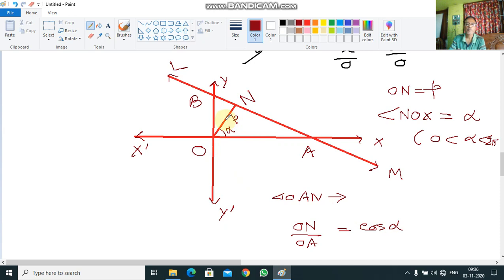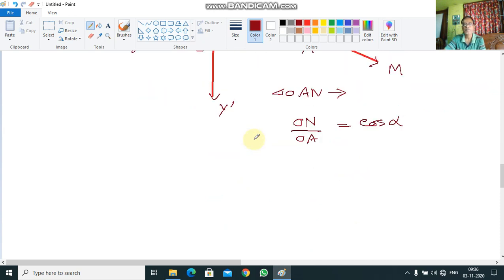This is base divided by hypotenuse. That implies p, that is ON, by OA, which is a, is equal to cos alpha. That implies p by cos alpha is equal to a.